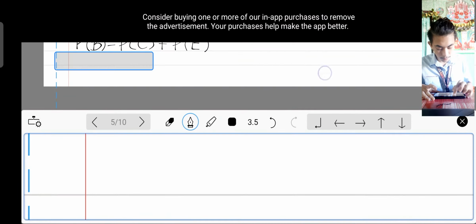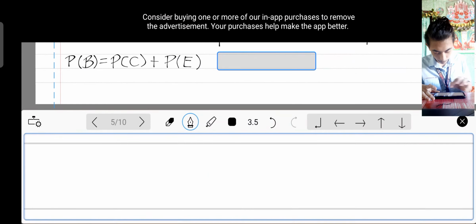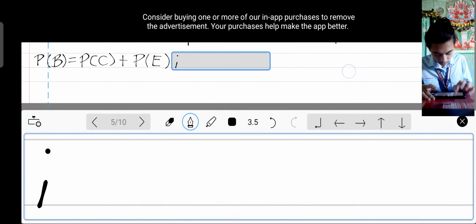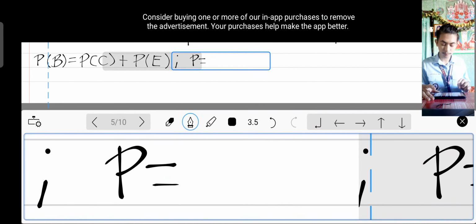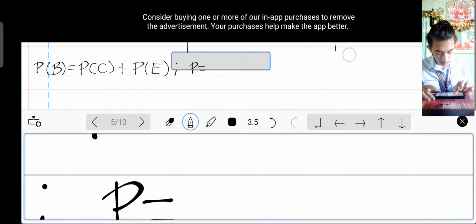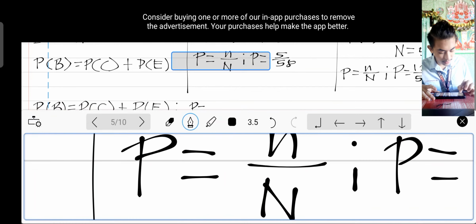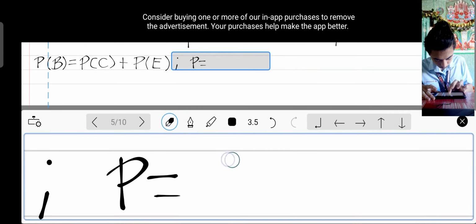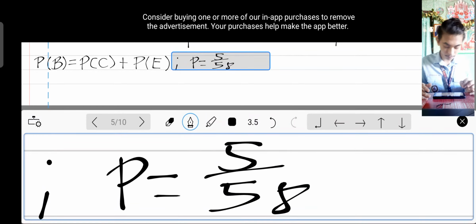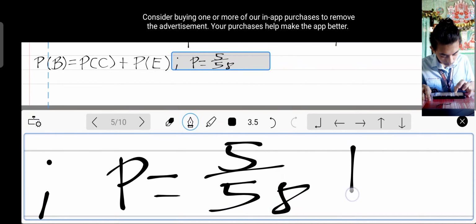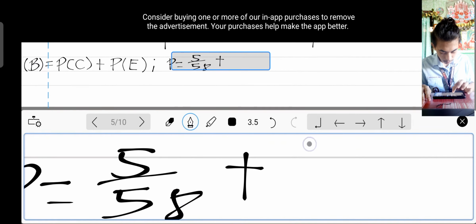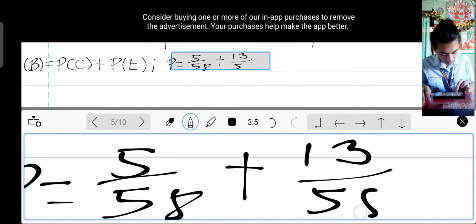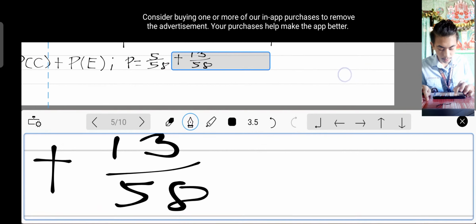Then we plot the values: the probability of civil engineering students is 5/58, plus the probability of getting electrical engineering, which is equal to 13/58.